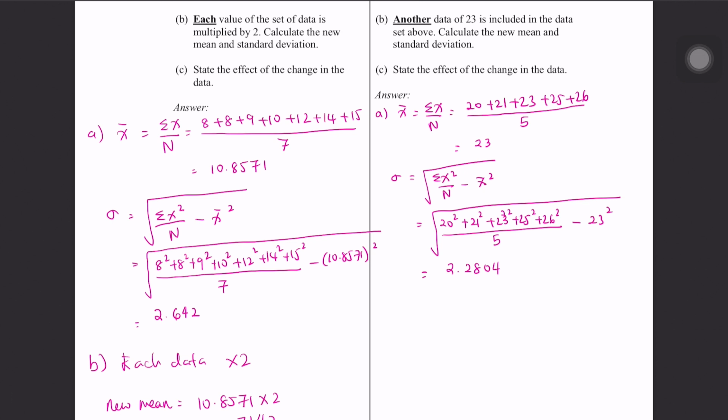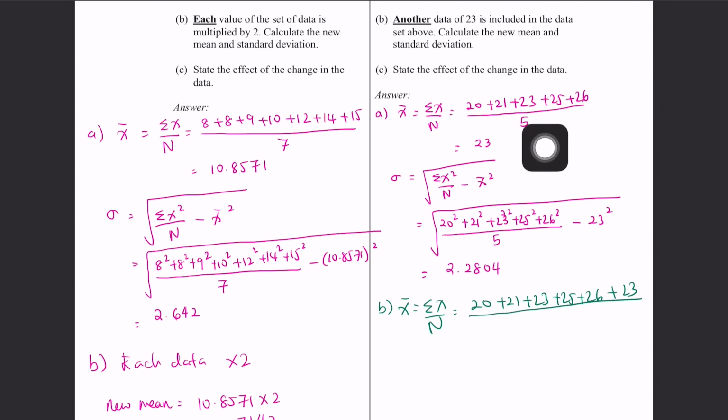So how to calculate? Saya pakai warna hijau lah. B. So min yang baru, kita tak boleh buat macam yang tadi, sebab tadi each data. Yang ni only one data kita masukkan ke dalam. So untuk min yang baru, kita kira macam sama, cuma tambah satu nombor yang baru. So 20 plus 21 plus 23 plus 25 plus 26 ni data asal kan? Tambah 23 tadi. Bahagi by, kalau tadi ada 5, dah ditambah satu lagi jadi 6.